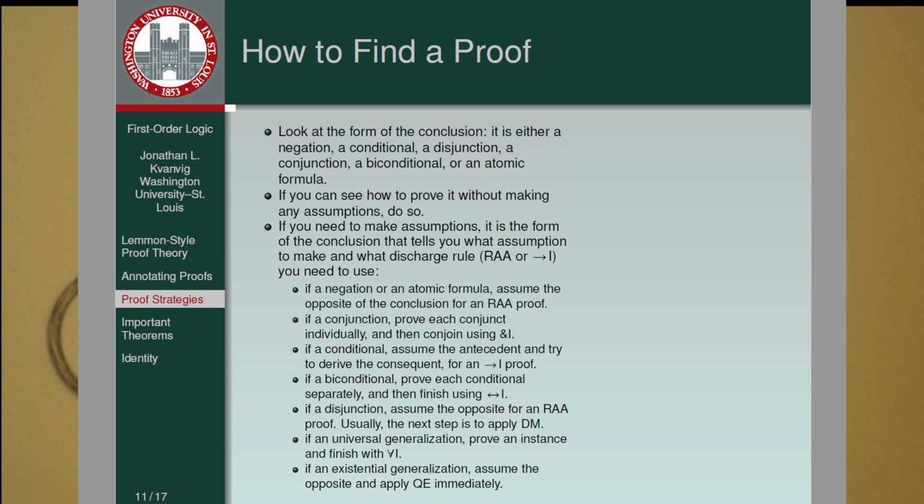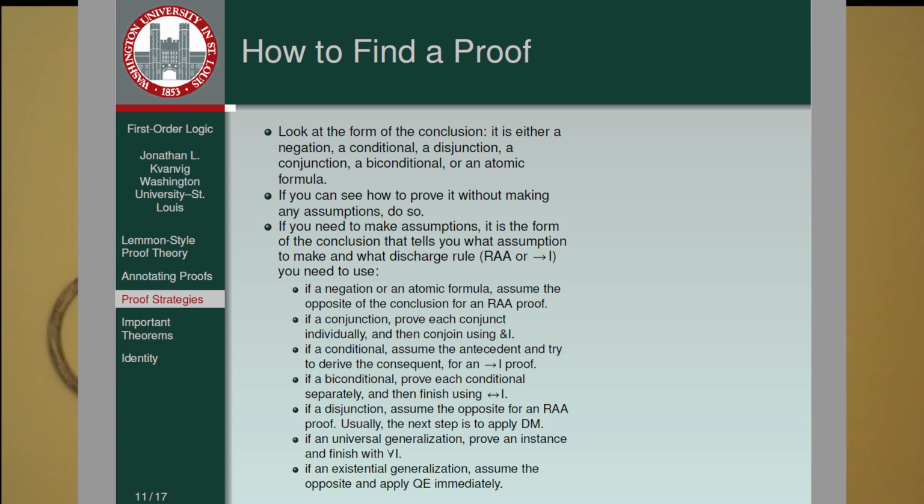So if you're trying to prove P and Q, first prove P, then prove Q, put the two together. If you're trying to prove P double arrow Q, first prove P arrow Q, then prove Q arrow P, and then put the two together and you have your double arrow formula.